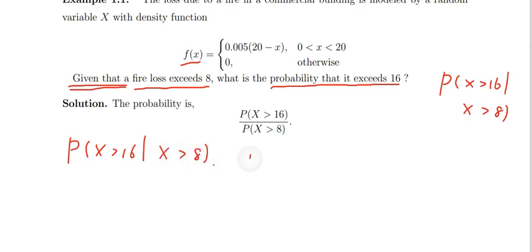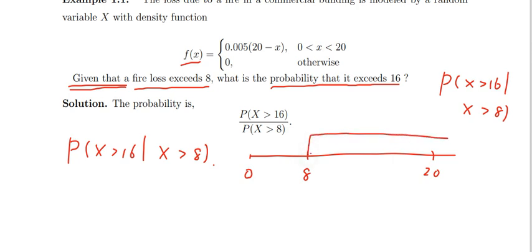So this means, like we saw at the beginning, x is just from 0 to 20. So the question is, we regard the total as not from 0 to 20, just from 8 to 20. So in this part, what is the chance?